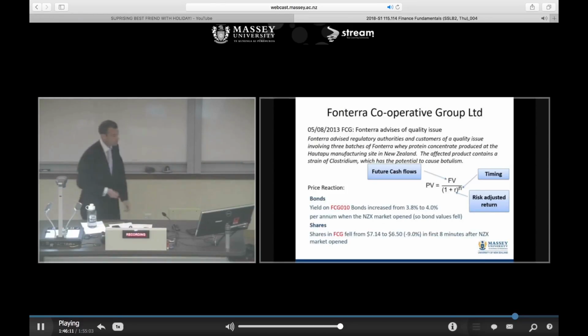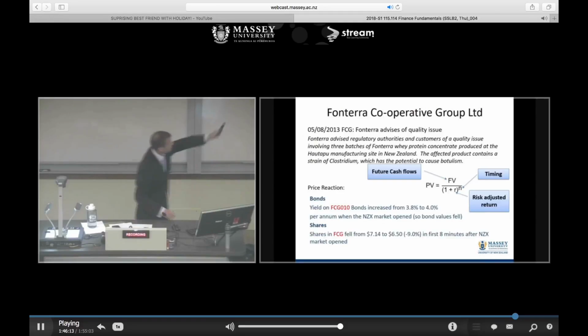And so the Fonterra bonds, their required return when they traded went up. As you'll see, as the required rate of return goes up because of higher risk, the value goes down. Okay, so higher risk leads to lower values.